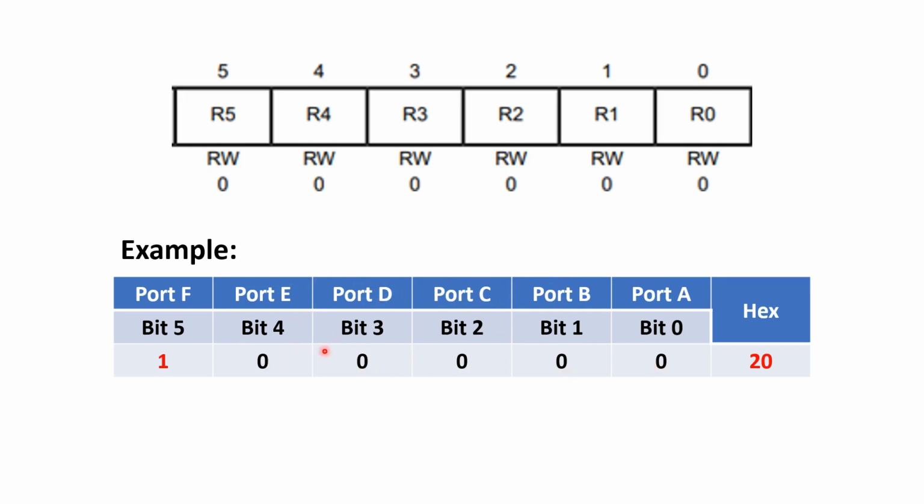They're clear. That means the clock is disabled for these ports. If you want to use port D, then you will have to enable the port D bit 3 and so on. In this case, we are only interested in port F. So I set bit 5 to a 1, and that would be 20 hexa.